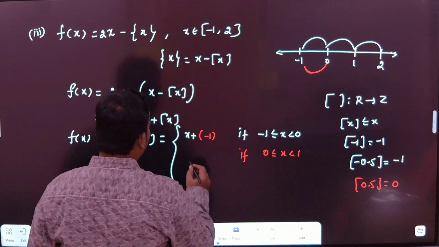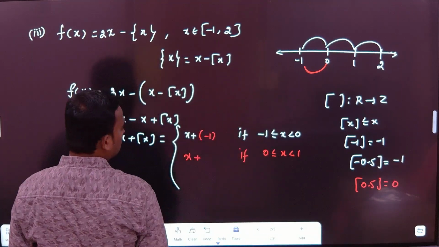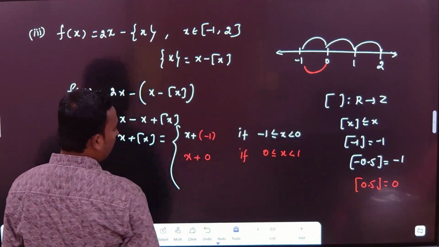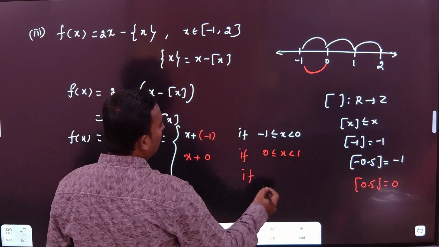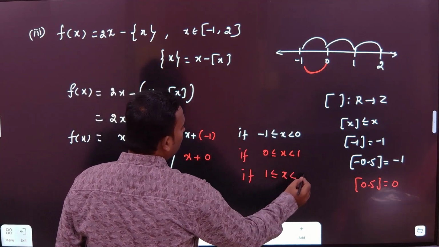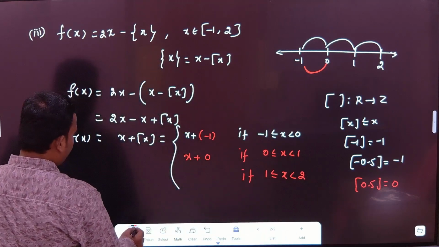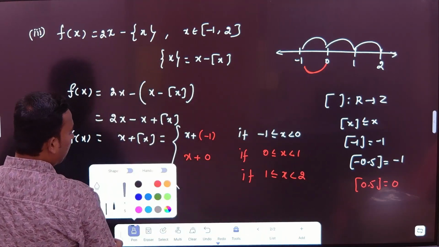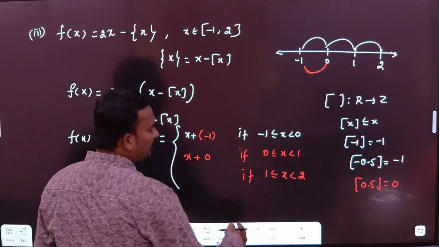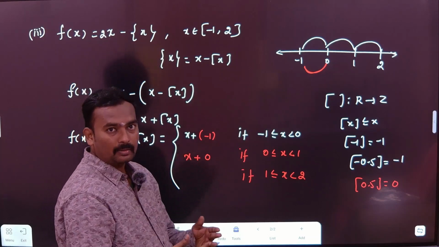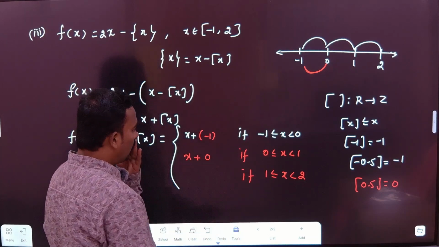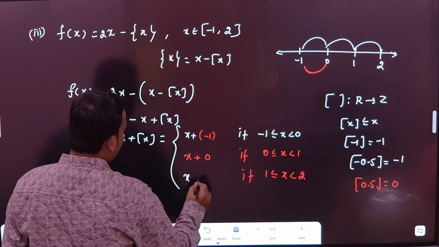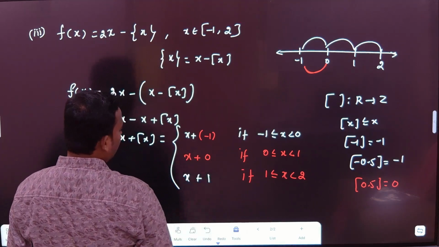So you can write x plus 0. The next interval is 1 to 2. You can take 1.999, and the greatest integer value will be 1 only. Therefore, x plus 1 here.